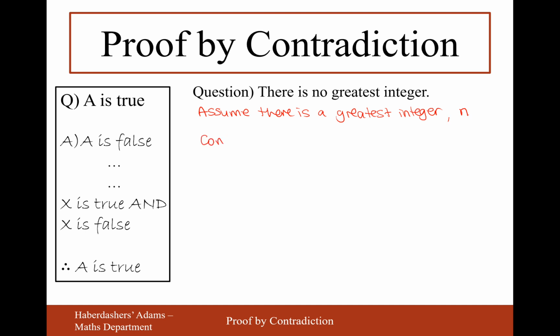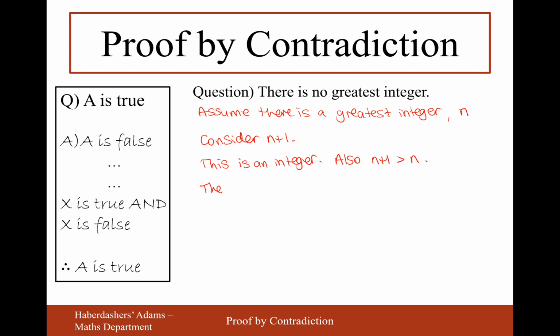So the thing with integers is you can always add one to get a new, bigger integer. So let's now consider n plus 1. This is an integer. So whenever you add 1 to an integer, you get the next integer up. And also, n plus 1 is bigger than n.